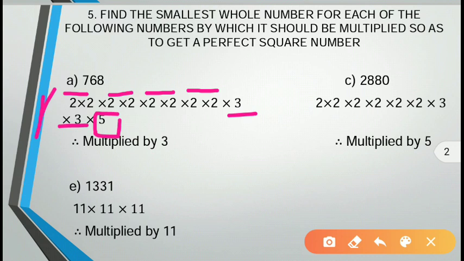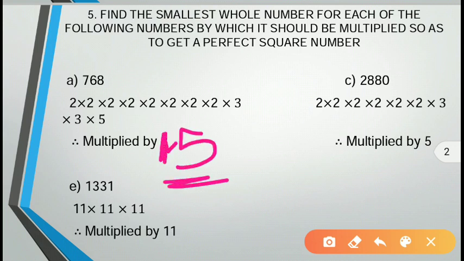So you need to multiply it by one more 5 to convert it into a perfect square. That means you need to multiply it by 5 to make 768 a perfect square. Please correct it here. Here should be a 5.